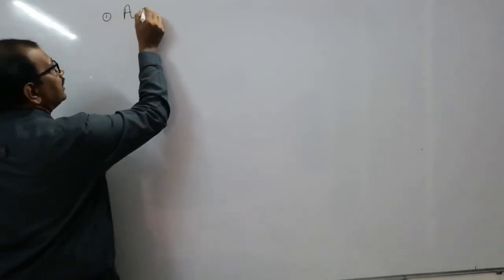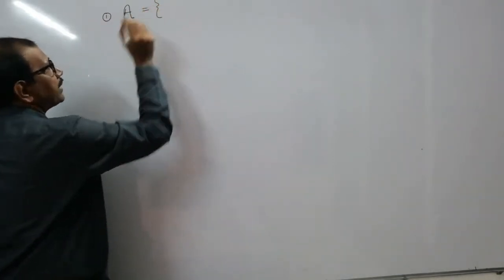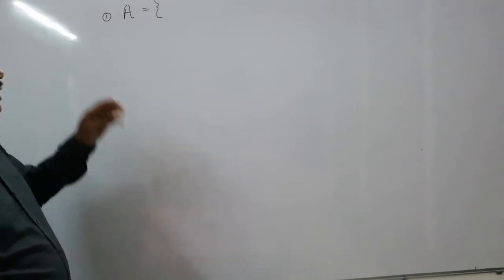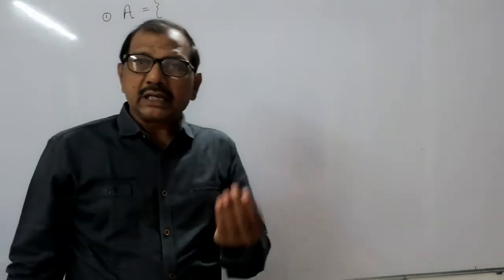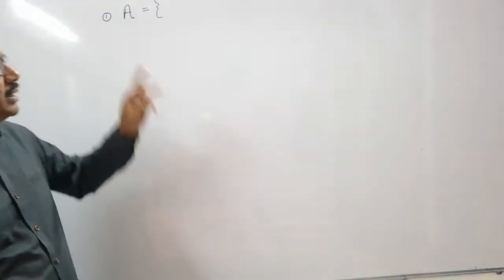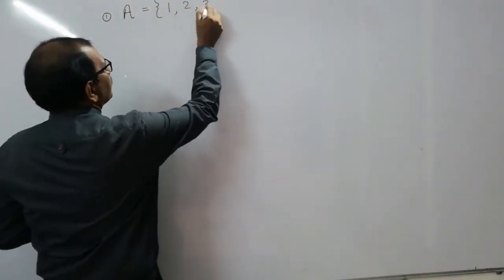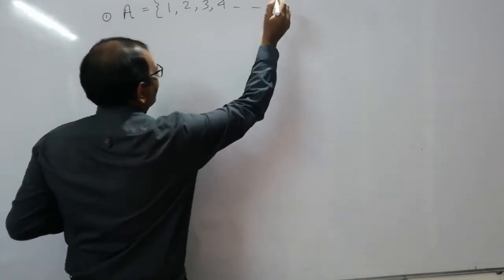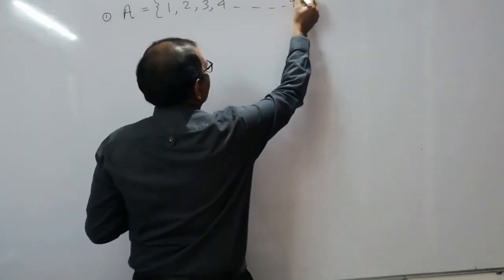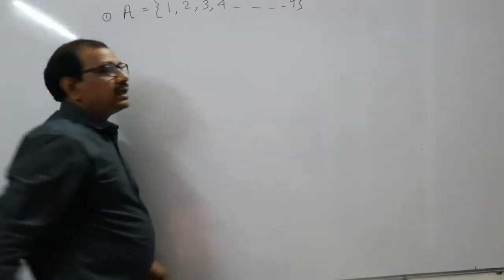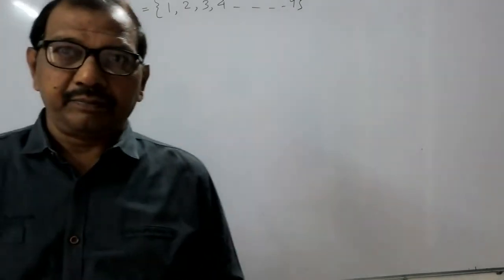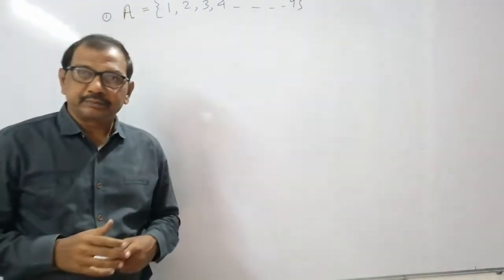A is a set. Here a curly bracket will come, right? And all the natural numbers less than 10, you list them. So I'll write 1, 2, 3, 4, till 9. Why 9? Because I'm saying less than 10. Understood, dear? Okay.